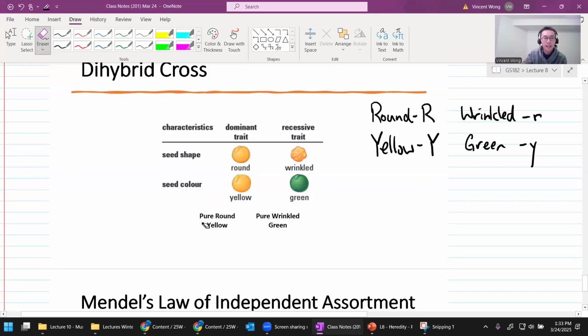So if you have a plant that's pure round and yellow, that would be big R, big R, big Y, big Y. And a plant that's pure wrinkled green would be little r, little r, little y, little y. All right.